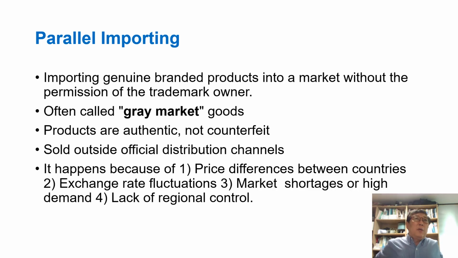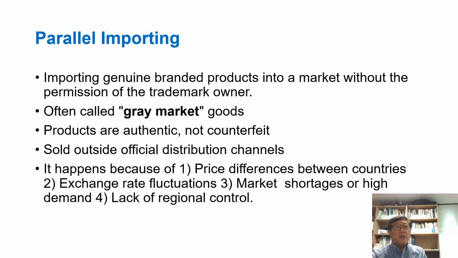And the last topic is parallel importing. It means importing genuine branded goods, not fake, into a market without the permission of the trademark owner, often called the gray market, not the black market. The products are authentic, not counterfeit, and sold outside official distribution channels.